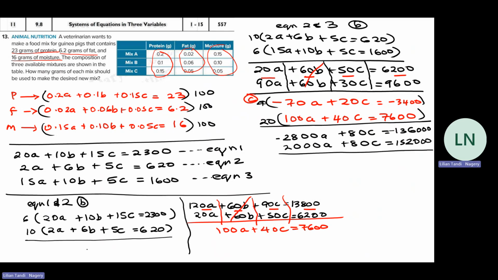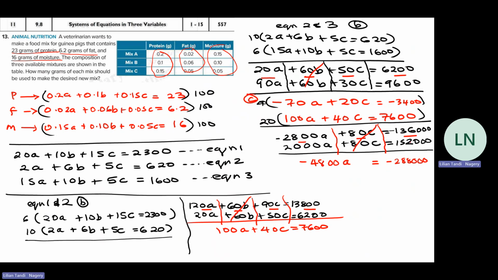Since I'm eliminating c, I will subtract my houses. This house goes away. This becomes negative 4800a equals negative 288,000.